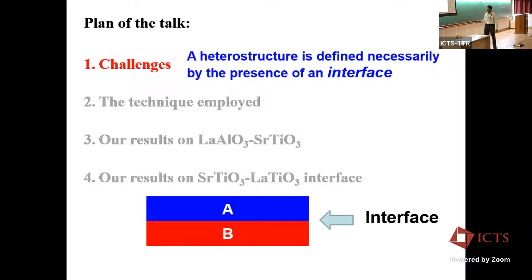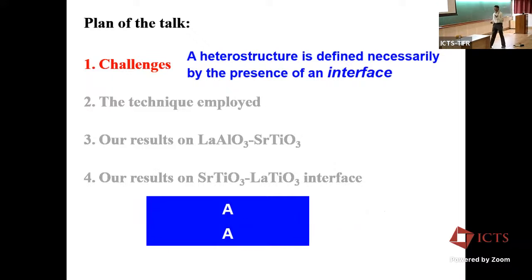By definition, an interface is infinitely thin, which means that it has no volume contribution. That is one of the problems: you cannot use a volume-averaging technique to understand it, because the component of the signal that comes from that very thin layer is exceedingly small.